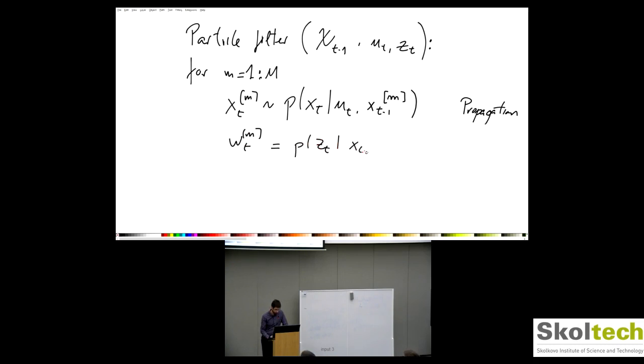We are going to see later exactly what it means. And then we are going to create our set of particles. I'm putting a bar here because there's going to be a very important last step, which we will discuss later. Basically, what we do here is the aggregation of all these new particles that we have obtained.